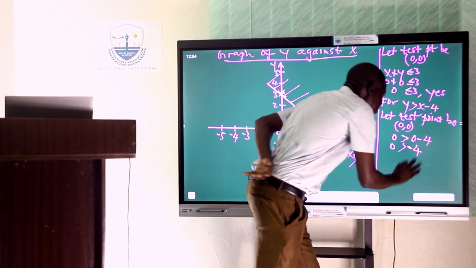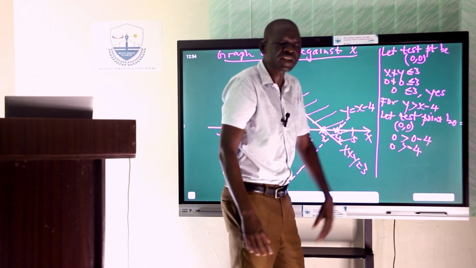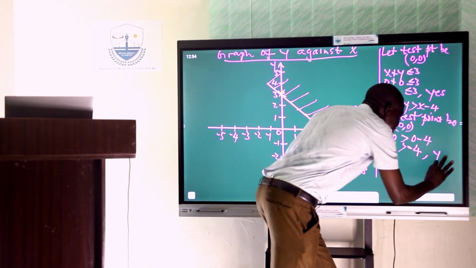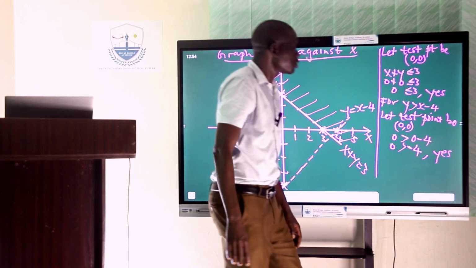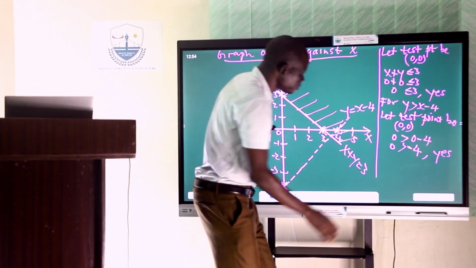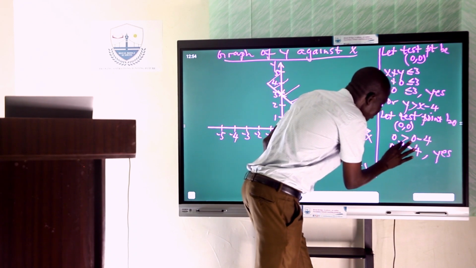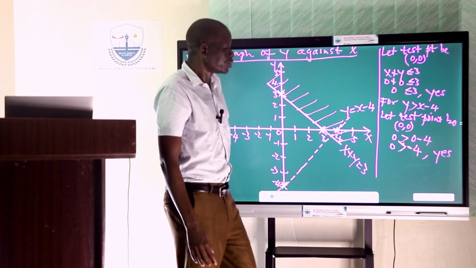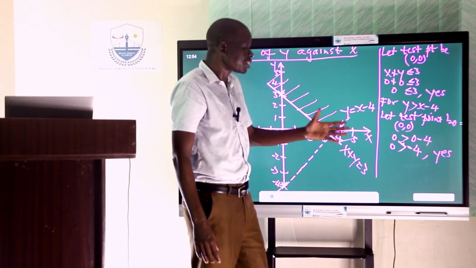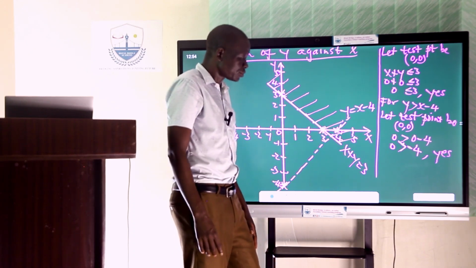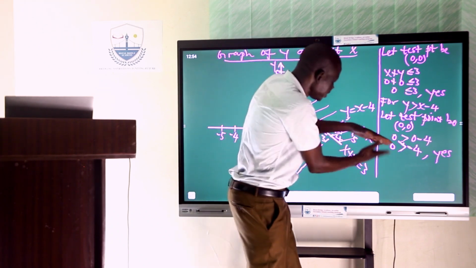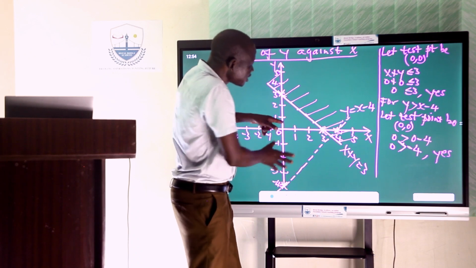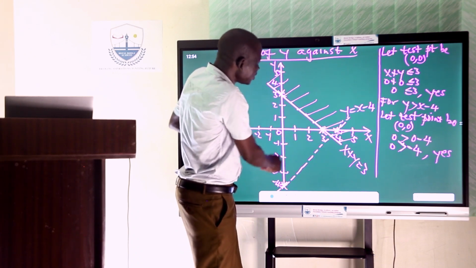Then we ask ourselves, is 0 greater than negative 4? Yes, the answer is yes. Since 0 is greater than negative 4, it means the region where you chose that point satisfies the inequality.